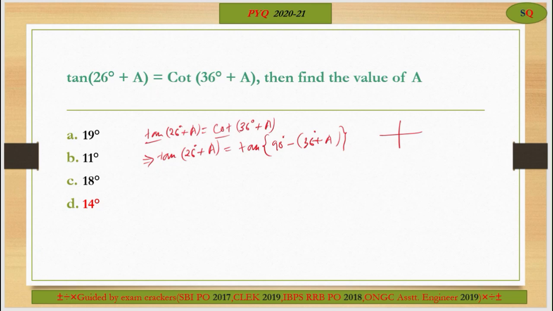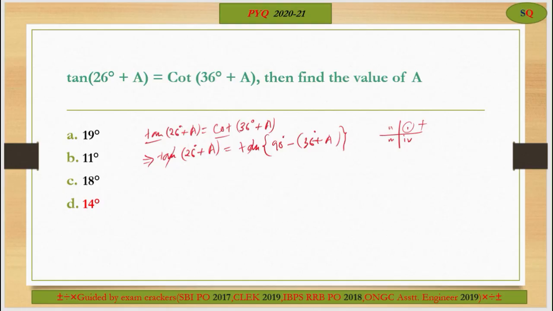Because in the first quadrant, all the ratios of sign are positive. That's why here we have to subtract from 90 degree.